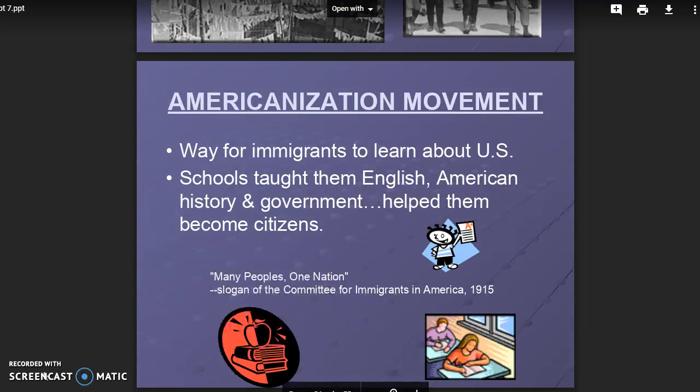Question 14 is asking you, what is the Americanization movement? Read along with me. A way for immigrants to learn about the United States. Schools taught them English, American history, and government, and helped them become citizens. Please summarize this slide for question number 14.